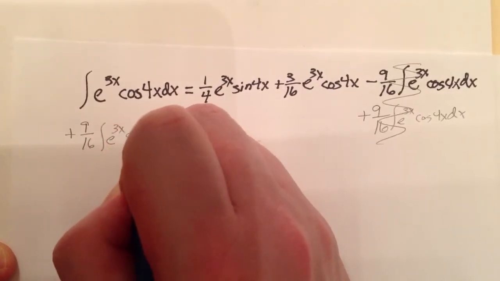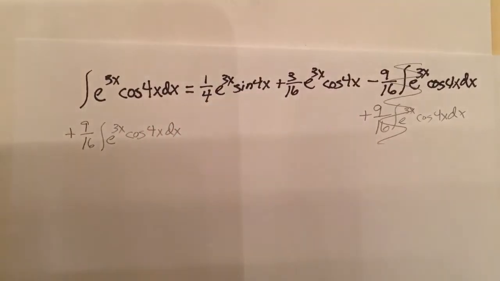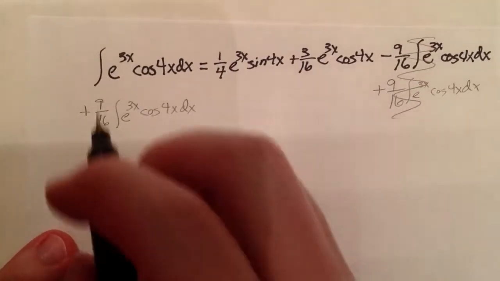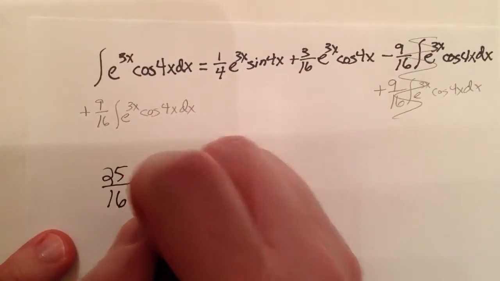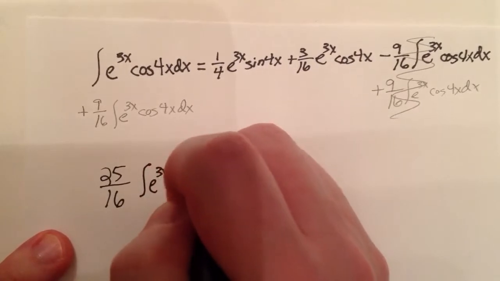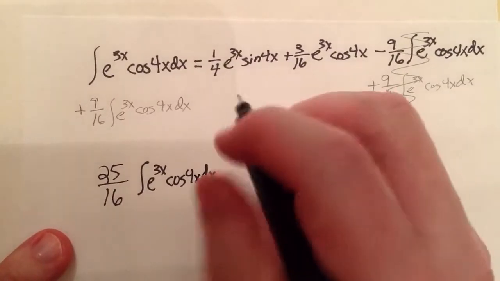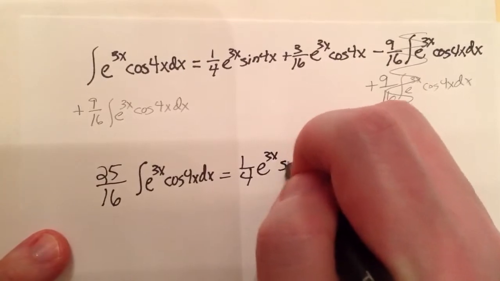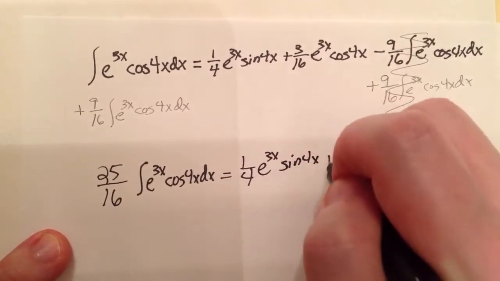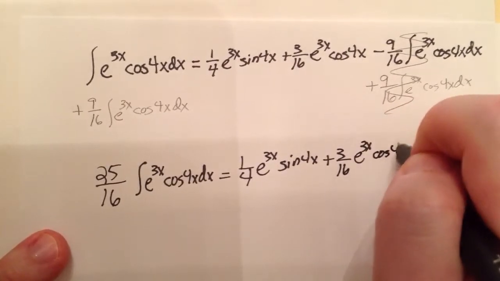As for combining the like integral terms, the coefficients are 1 plus 9/16, which would be 25/16 of the integral of e to the 3x times the cosine of 4x dx, equal to 1/4 of e to the 3x sine of 4x plus 3/16 e to the 3x cosine of 4x.